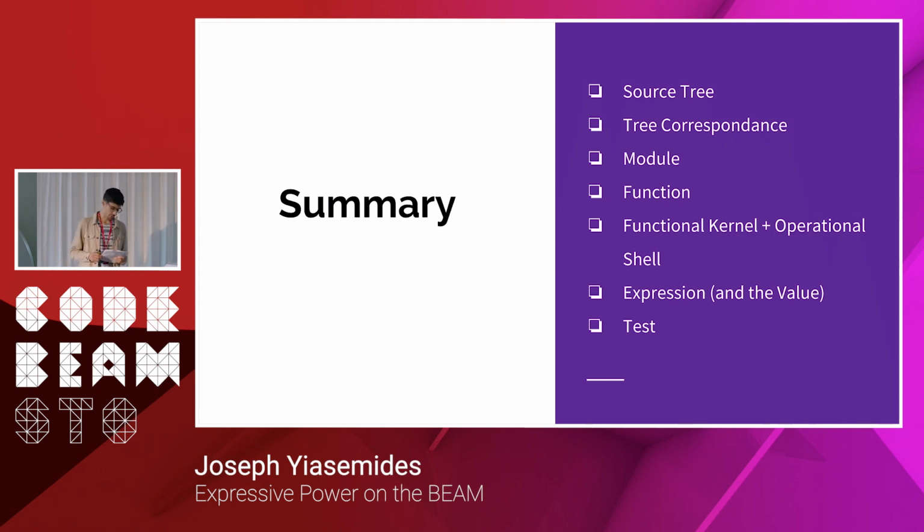Cool. So we saw how the module was the construct that really tied those together, and then we moved on to the function and how that probably should be our first line of isolation as opposed to something like the process. And the way we get there is to really make things exhaustive. And then we went on to the idea of the functional kernel and the operational shell, and really drawing that division there.